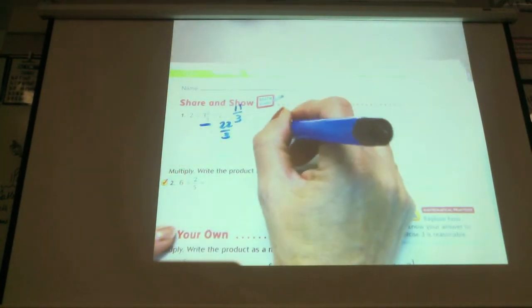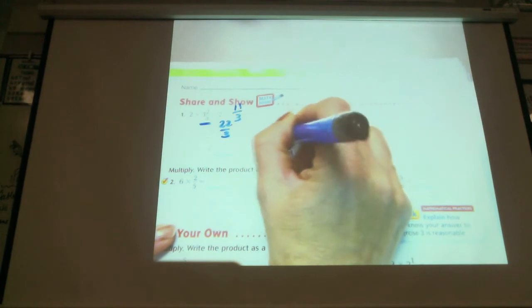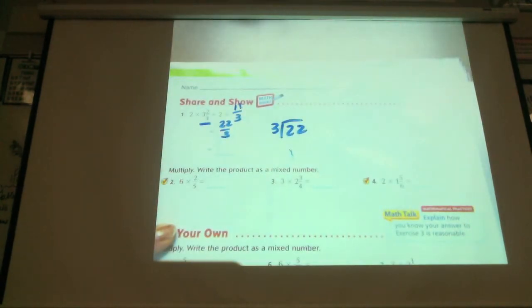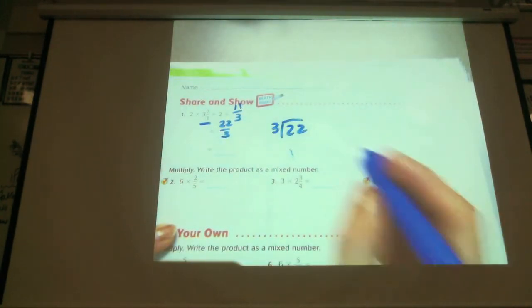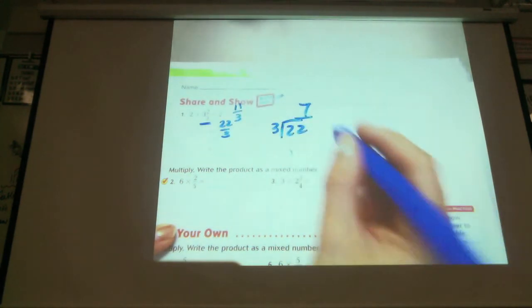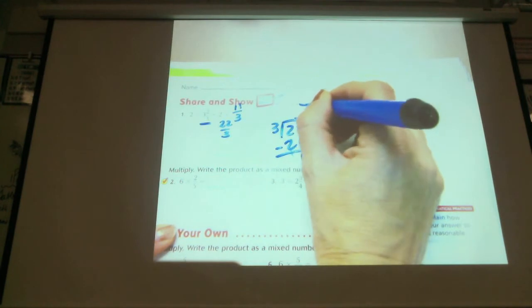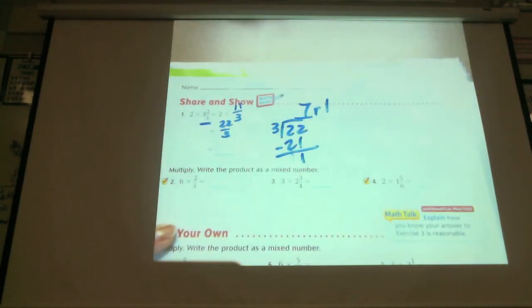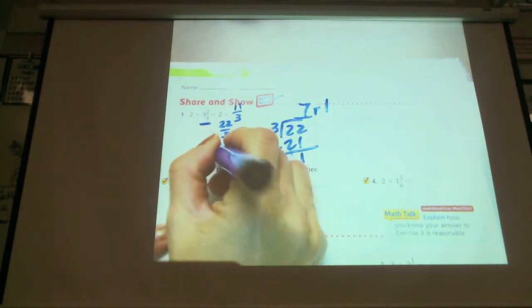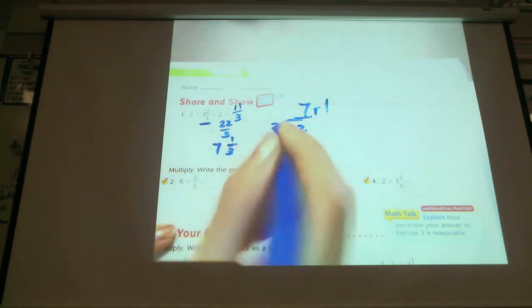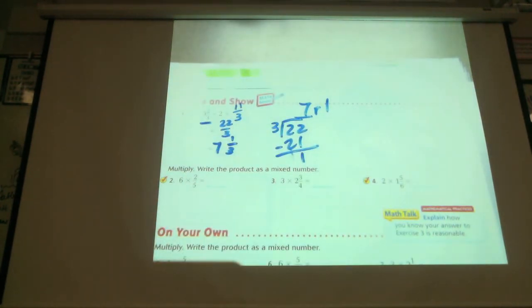And then we divide 22 divided by 3. What is 22 divided by 3, class? 7, which is 21. When I subtract, I get 1, so it's 7 remainder 1, which is 7 wholes and one part of our pieces that are third size.